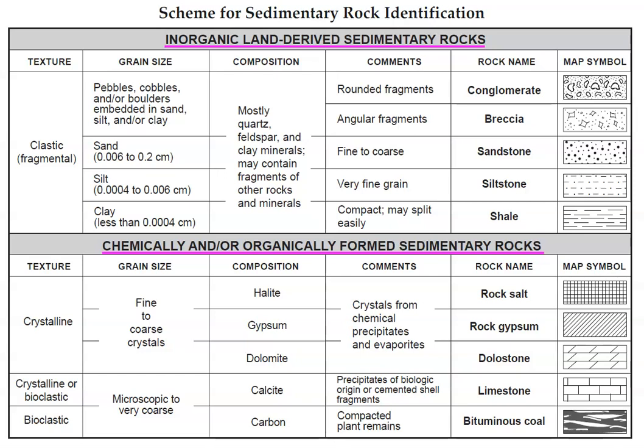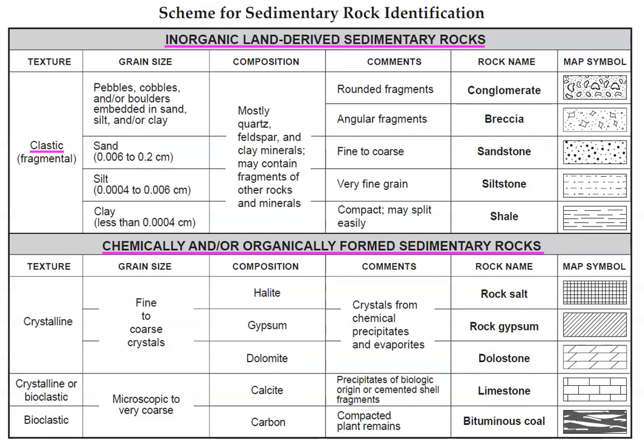The rocks on the upper part of the table come from pieces of other rocks. That's what this word clastic or fragmental means. So the textural term clastic means that it's made of pieces of other materials that are compacted and cemented together.